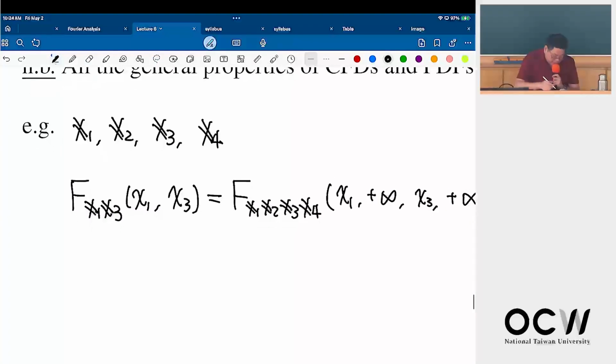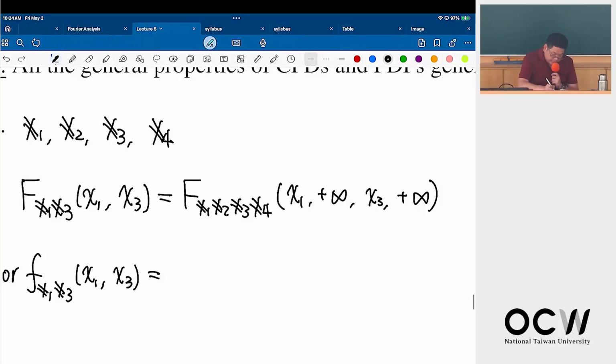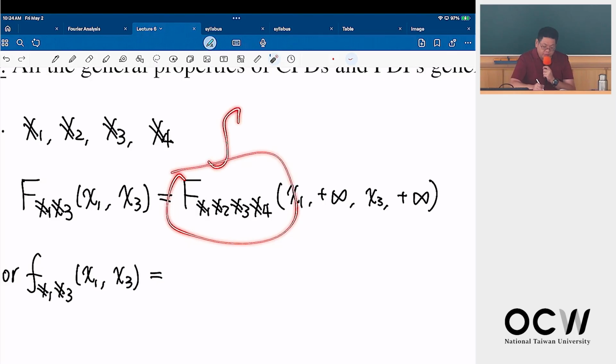Then how about the joint PDF of x1, x3? You can also think about it, this joint PDF of x1, x3 is the marginal PDF of x1, x3, because I have a joint PDF of x1 to x4.